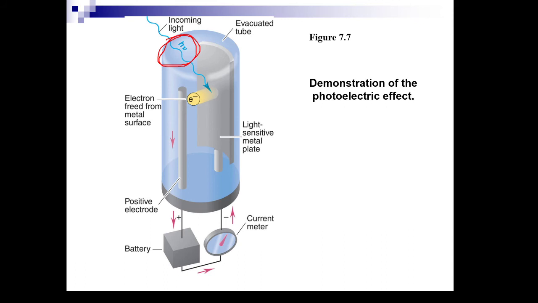If it was of a lower value, nothing happened. If it was of a greater value, we've already reached the threshold and the electrons fly off. Which means my electrons are sitting in a certain spot that needs a certain amount of energy to release them. So what this does is prove Planck's constant, Planck's idea that E equals H nu.